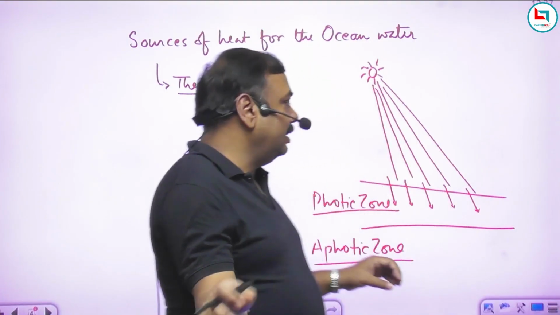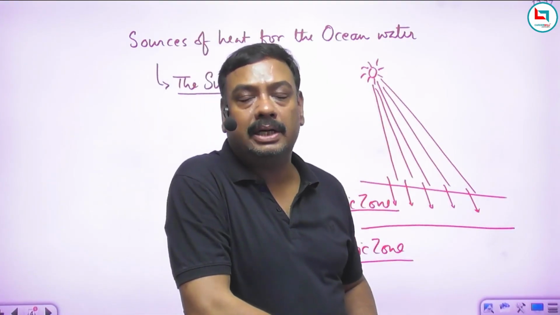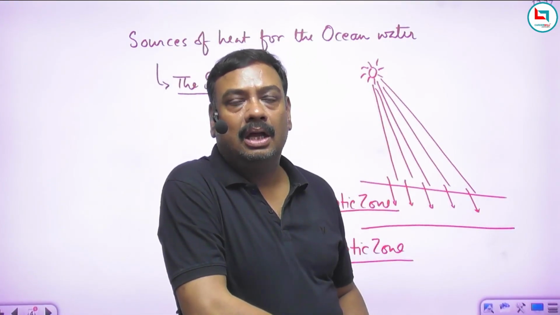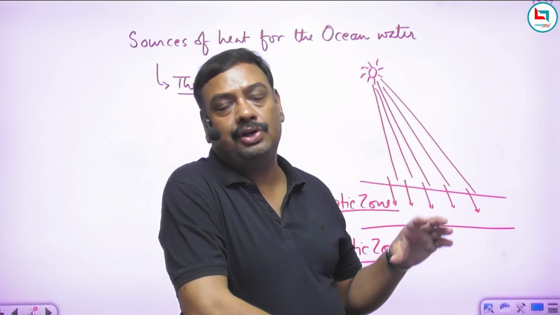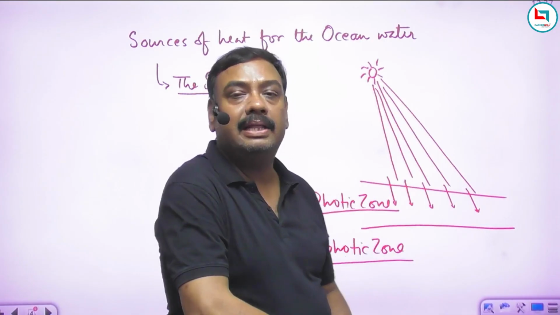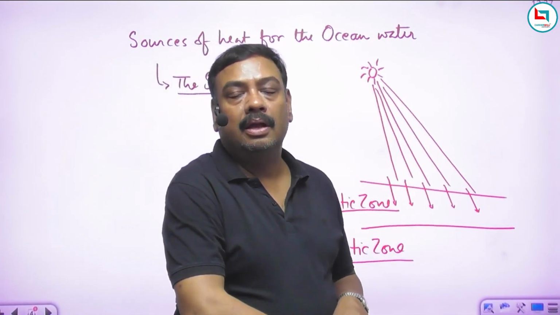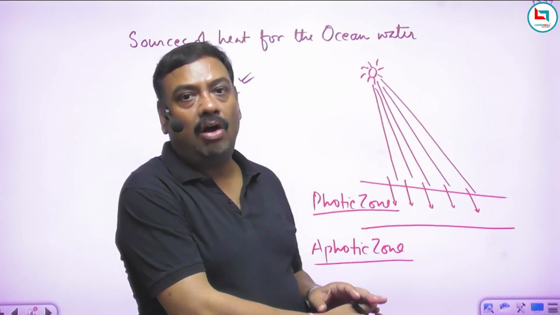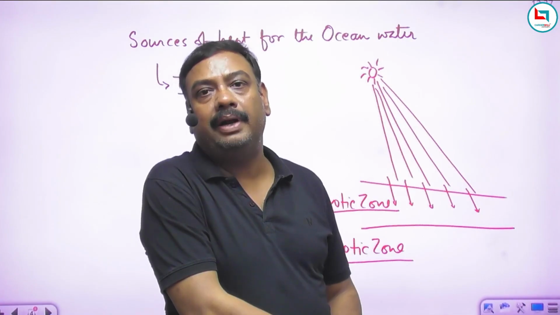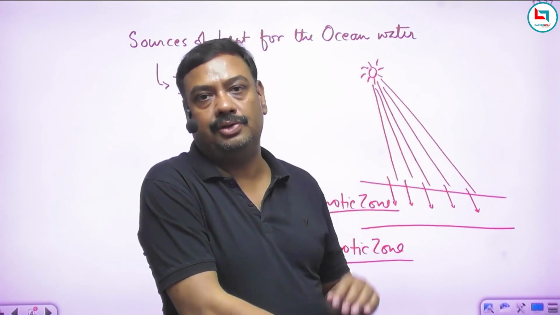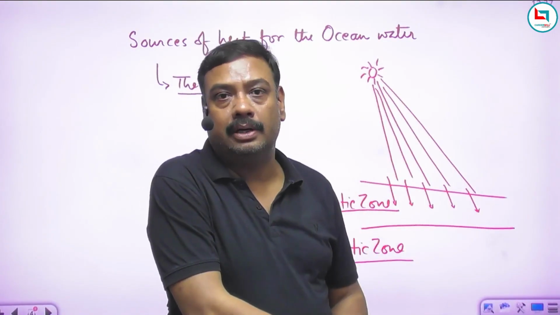These radiations can reach up to a certain depth, which gets illuminated due to the penetration of the solar radiation, and that is why that zone has been called the photic zone. And in the photic zone, we see the heating of ocean water directly from the absorption of solar radiation. This is one of the ways of heating of ocean water.